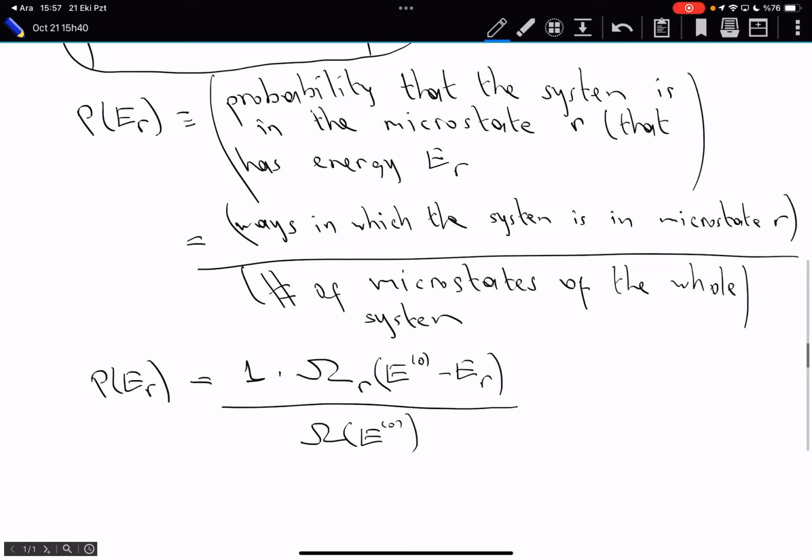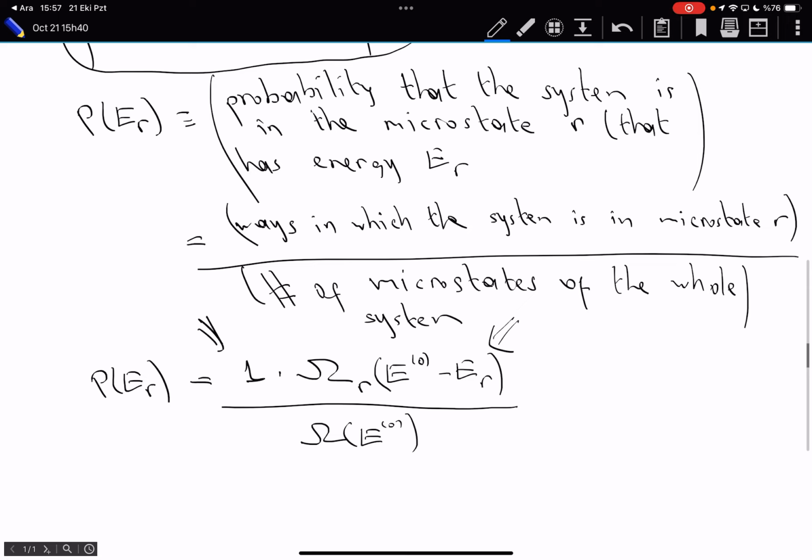So you just multiply the number of ways in which this can happen. I'm looking at one microstate of my subsystem, so that is the 1 over here. But when my system is in that particular microstate that I'm interested in, the reservoir can still be in all of these microstates. Why do I subtract E_R? Because that E_R is already in my system. The reservoir has an energy E0 minus E of R.